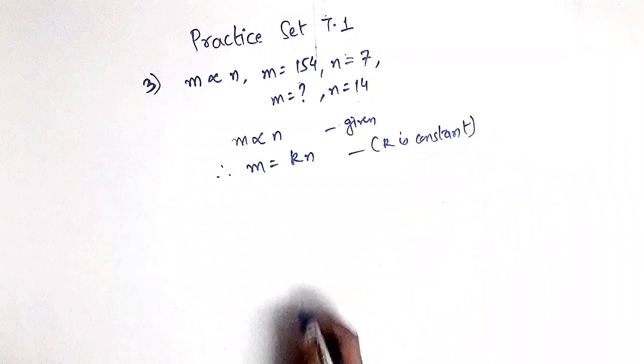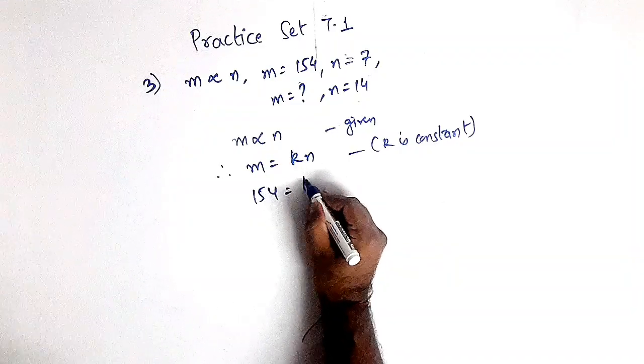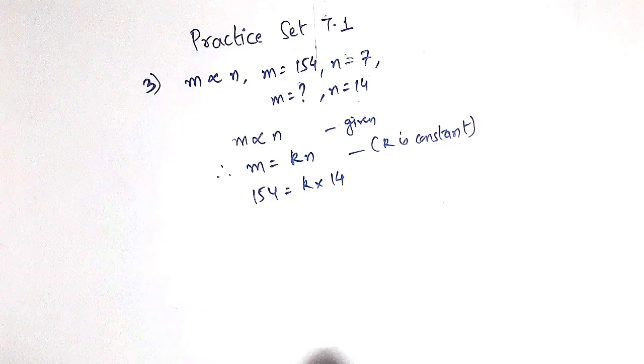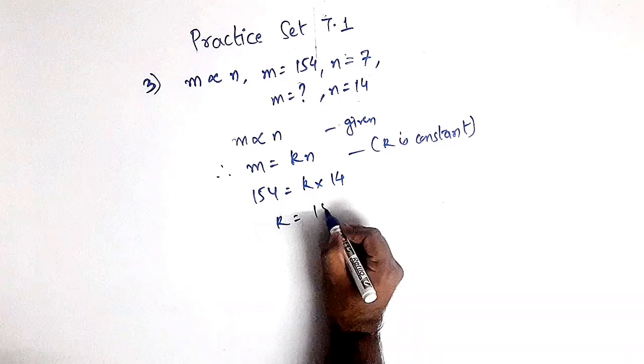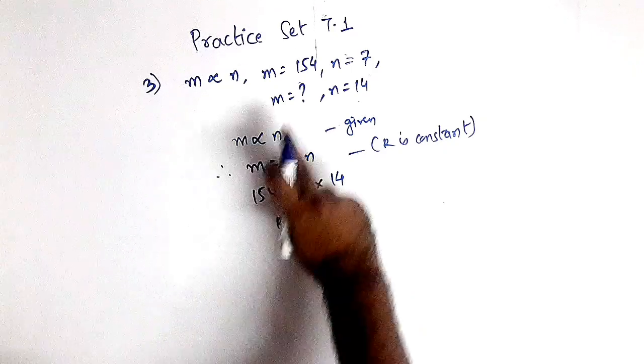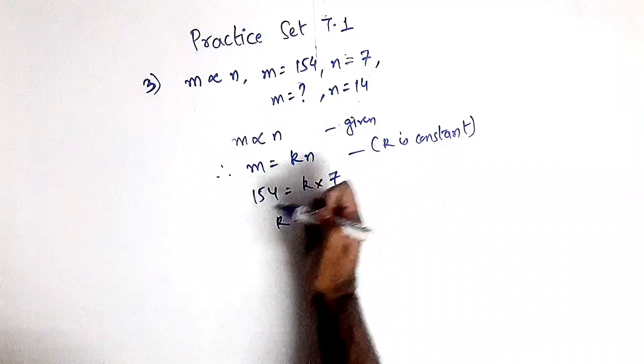Now m is 154, k we don't know, n is 7. Now k is equal to 154 by 7.